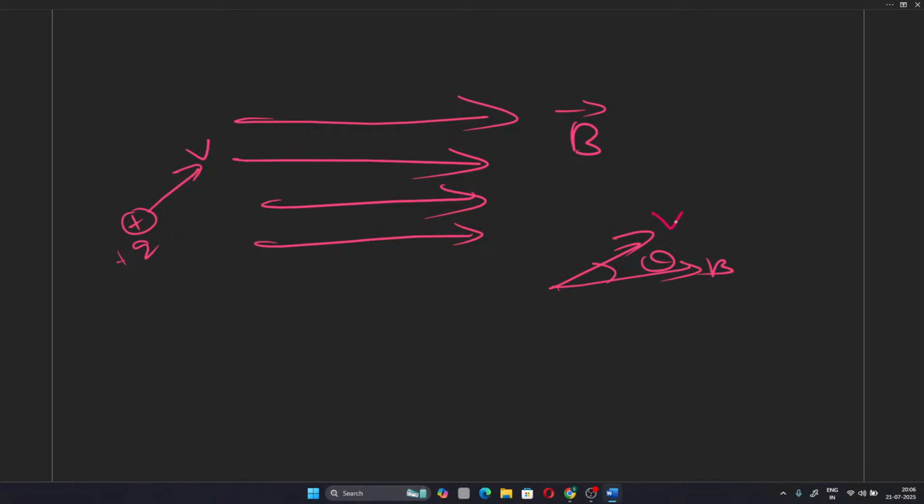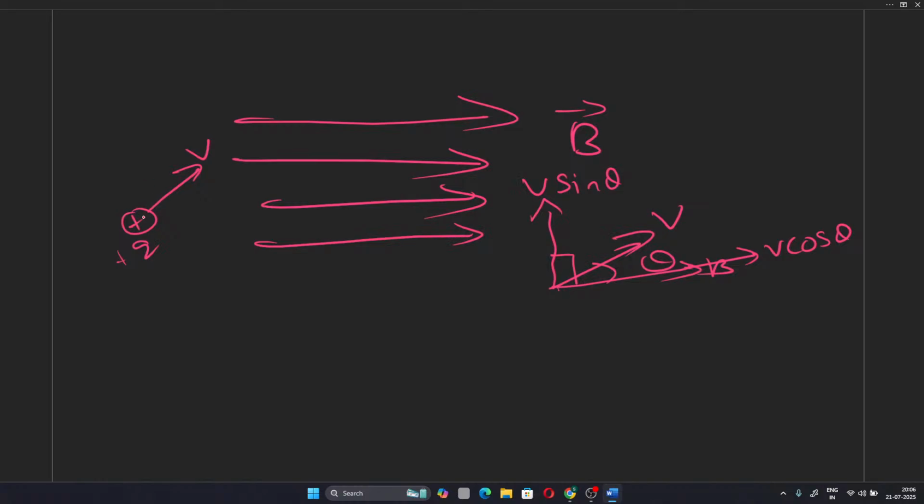In this case, the velocity can be resolved into two components, v sin theta and v cos theta, where v sin theta is perpendicular to the magnetic field.